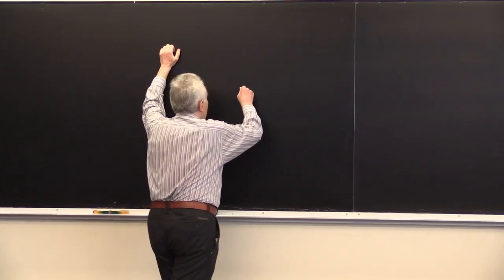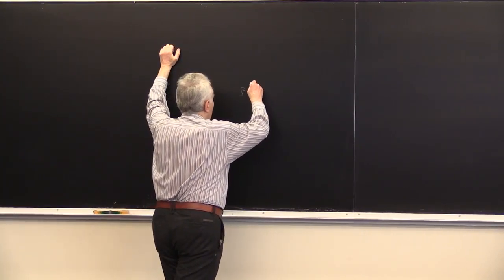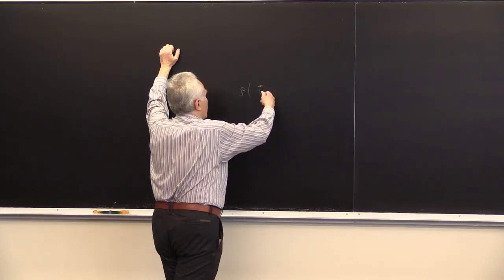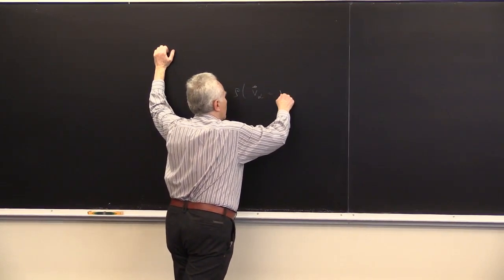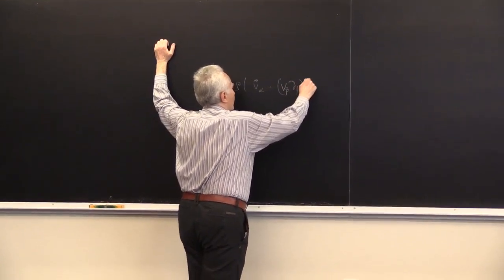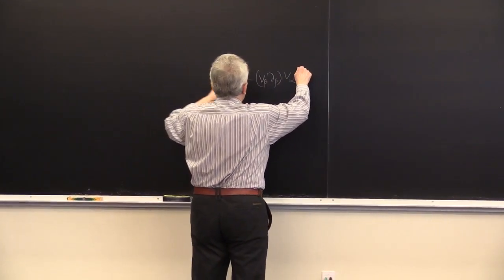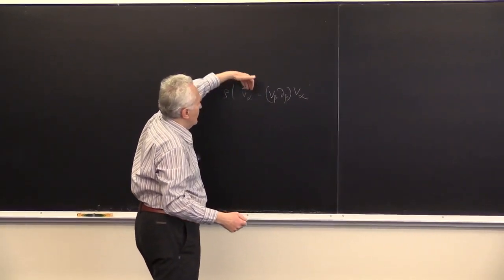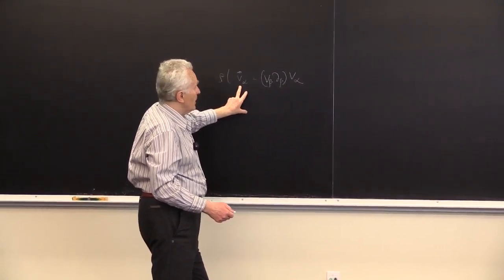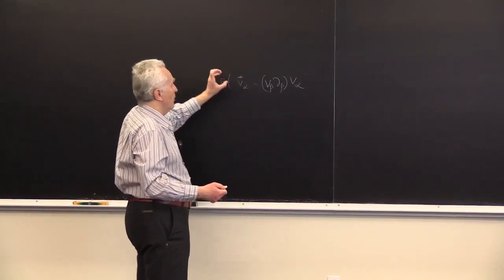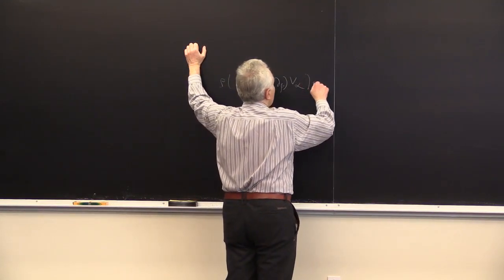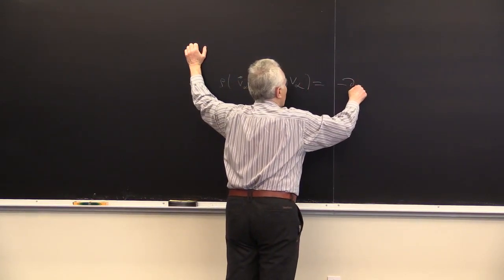Okay, so the equations are: density times the derivative of v alpha, where alpha is 1, 2, 3. These two terms are the acceleration of the fluid particle, as we discussed last time, and it is equal to the gradient of the pressure.